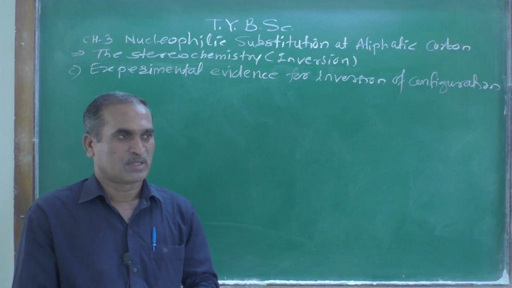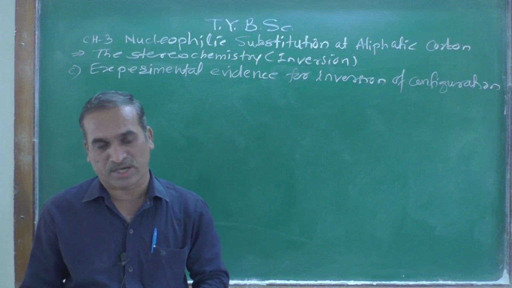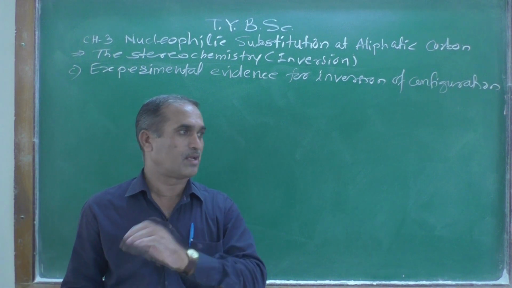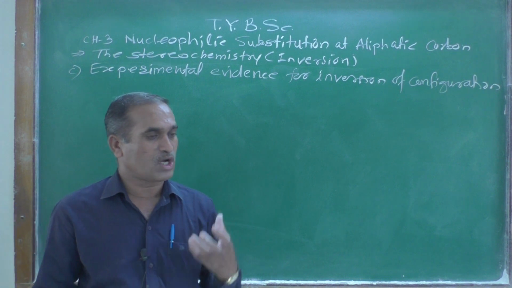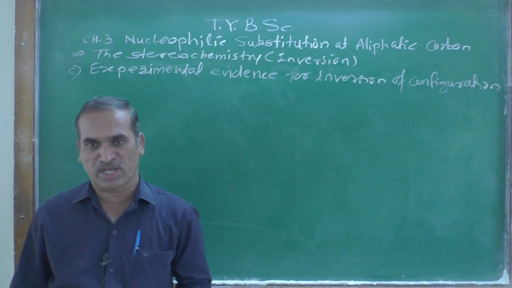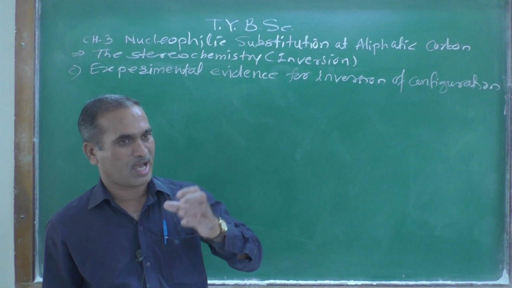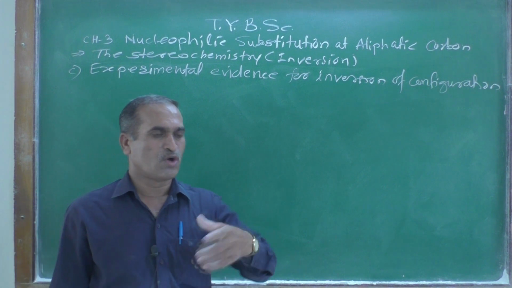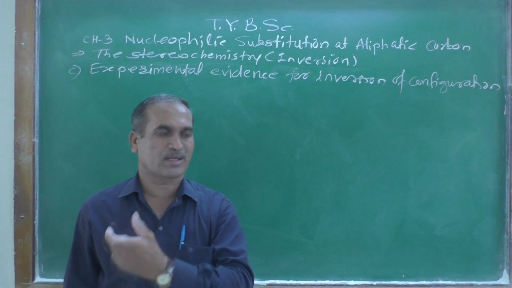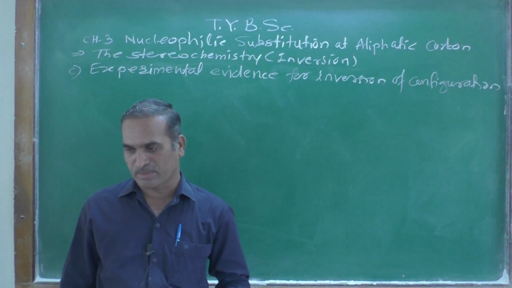We start with a chiral center, and as we know, a chiral substrate is optically active in nature, because the chiral carbon carries 4 different groups. That carbon is known as a chiral carbon or asymmetric carbon atom.